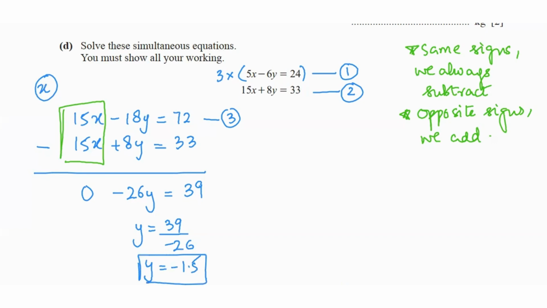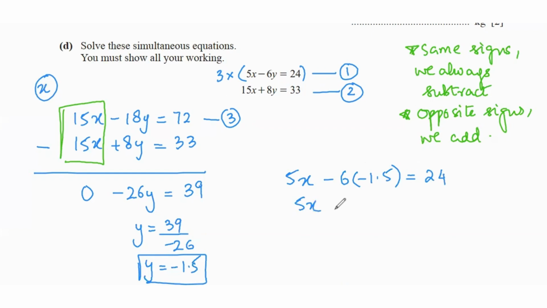Now that we have the value of y, we can substitute that into either of the equations, 1, 2, or 3, to get the value of x. I'm going to pick the first equation again because the numbers are smaller in there and it's easy to solve. So it's going to be 5x minus 6 times negative 1.5 equals 24.